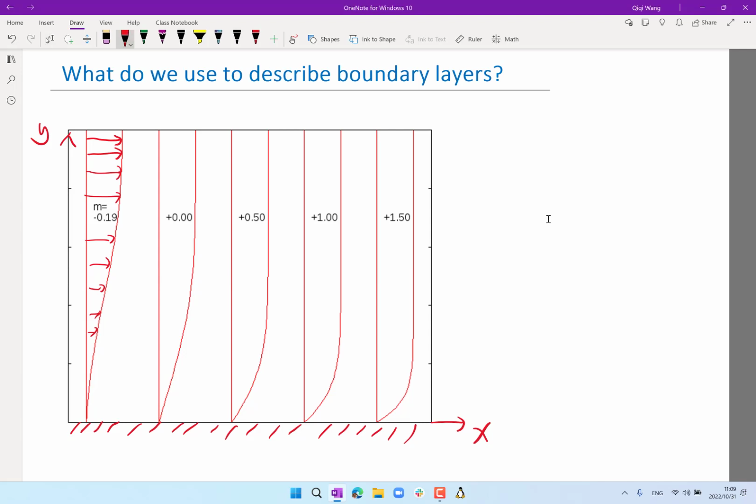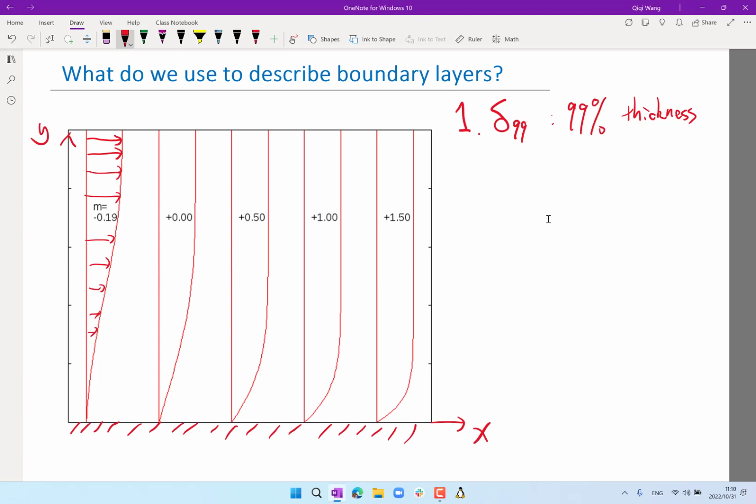Let me just introduce these thicknesses. The first thickness is called delta 99, and it's the easiest to understand. It's also called the 99% thickness. It's the easiest to understand, but actually the most difficult to characterize practically in complex flows.